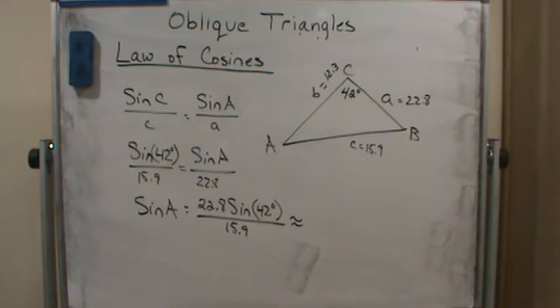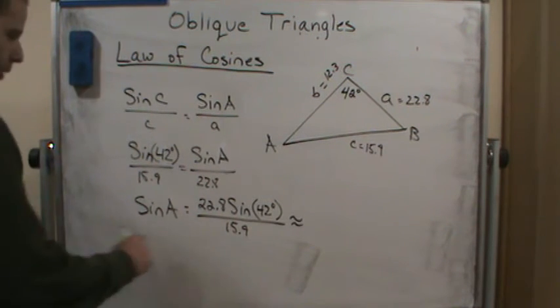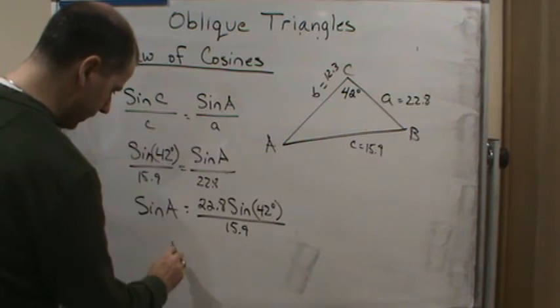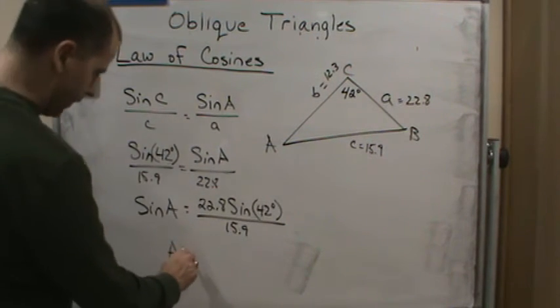We get A is about 106.9 degrees. Well, actually, let's go one step further. So this would be A, right? If we take the inverse sine of both sides.